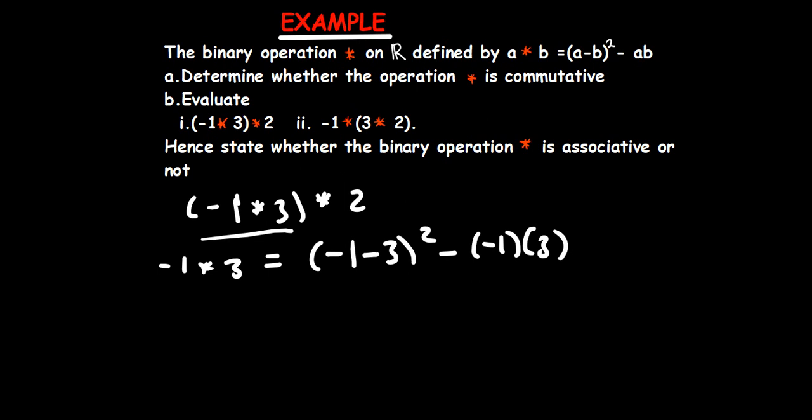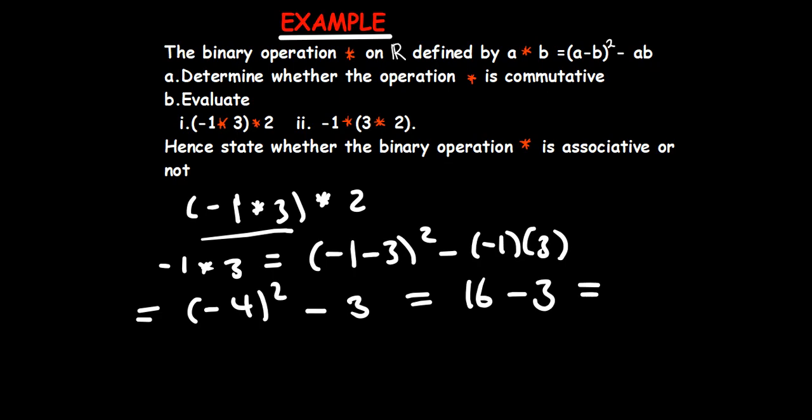So this is going to give me negative 4 squared, then minus, negative 1 multiplied by 3, I'll get negative 3. When I square 4, I'll get 16 minus 3, then that gives me 13. Okay, so from here it means I have 13 star 2.